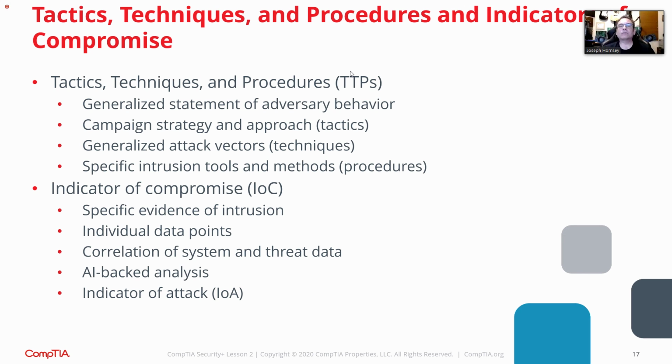Okay, that's what we're talking about here. Now, how this works, you will get a data feed of some sort with your CTI, your cyber threat intelligence, that will be downloaded into your security information and event monitoring system, your SIEM. And then that's where you will get your alerts and everything.